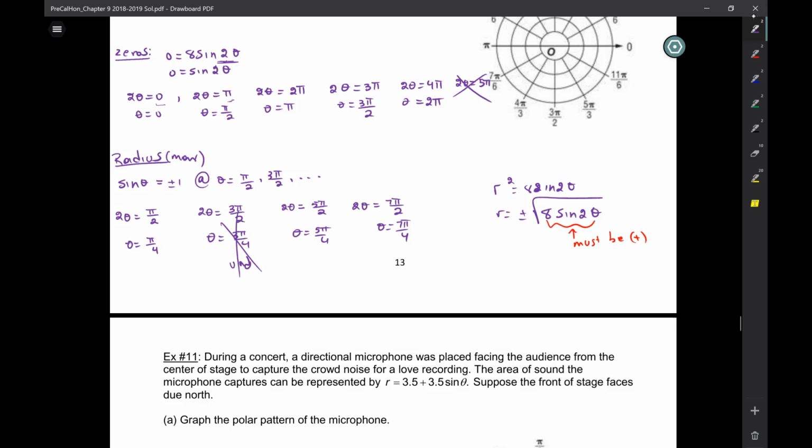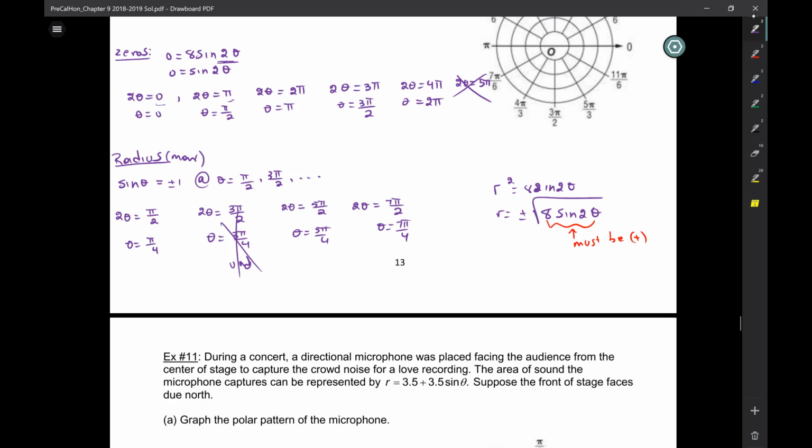It's undefined, so I throw that away. Why are you putting in 8 sine pi over 2, not pi over 4? Do you divide it or just theta, not 2 theta? So theta is pi over 4, and my r is 8 sine 2 times theta.